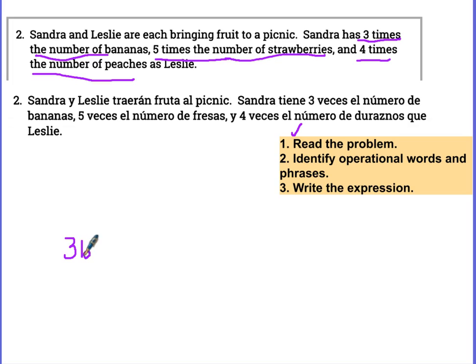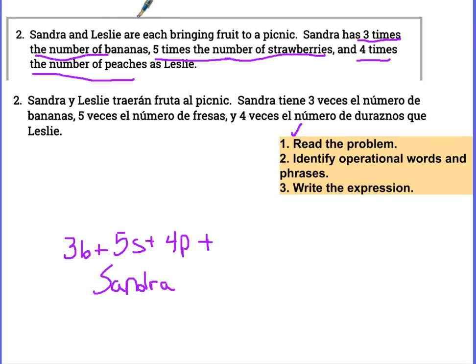Now, let's say I want to know how much fruit they all brought together. I know that this is going to represent Sandra's. So I'm going to put Sandra under this. This represents the amount of fruit that Sandra brought. But I want to know how much they brought all together. Well, does it really tell me how much Leslie brought?